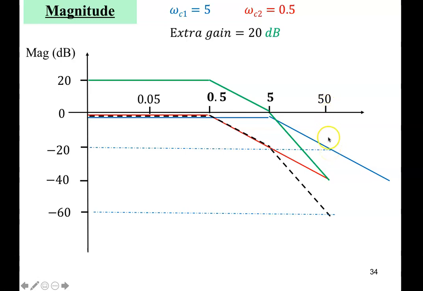So by the time you get to 10 times higher than the corner frequency, that should be minus 20 dB. So I have this blue line for the 0 dB, I have this blue line for the decline slope. This is for G1, so this blue line here is the magnitude plot of G1.